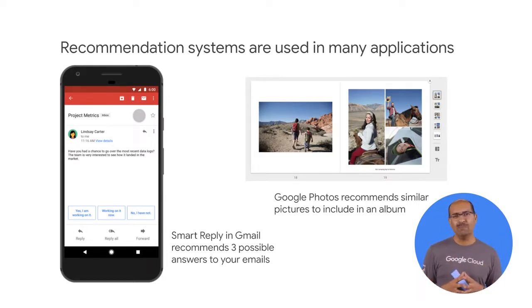One cool example of a recommendation system is Smart Reply in Gmail. This is the machine learning model that recommends 3 possible answers to your emails. Another is how Google Photos recommends similar photos or groups of similar photos so that you can add them into an album and you can order a printed version of it.